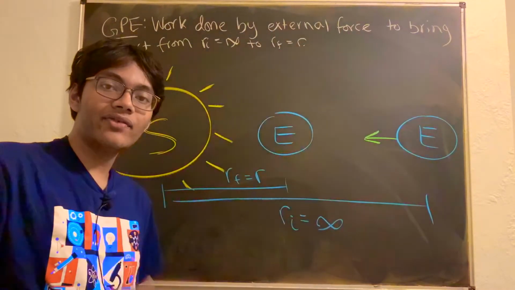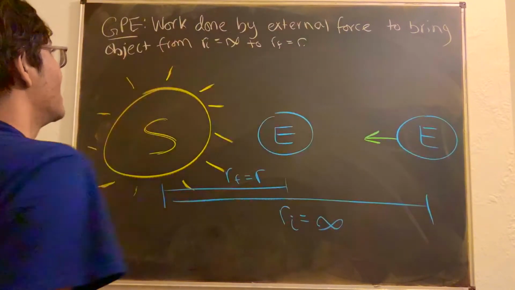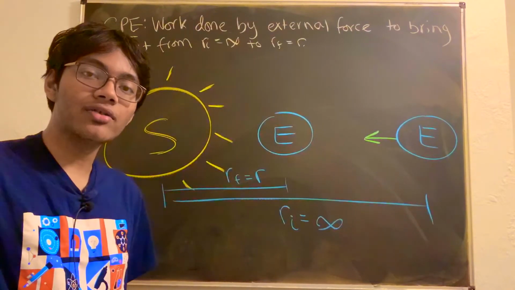Okay, that is the formal definition of gravitational potential energy. Now let's convert this English definition into a mathematical definition.